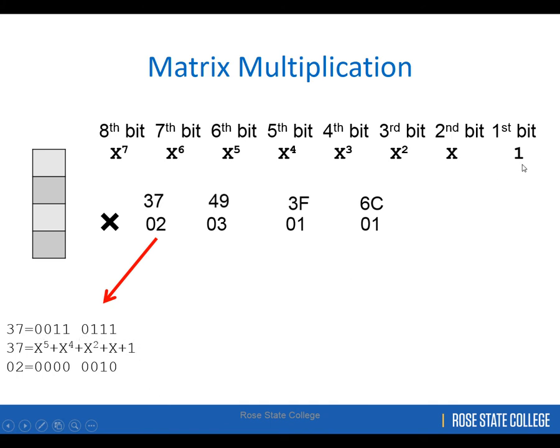So starting from the right, we're going to end up with a 1, a 1, a 1, 0, 1, 1, 0, 0. Do you agree with that? Everybody see that? So the x to the 5th is because we have a 1 here. We have an x to the 4th. We do not have any x to the 3rd, but we have an x squared, an x, and a 1. Everybody see that now? So anything with a 0 we don't use. We only bring down the ones that have 1s.